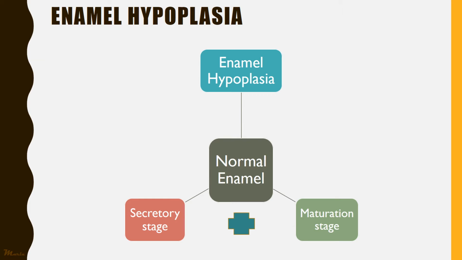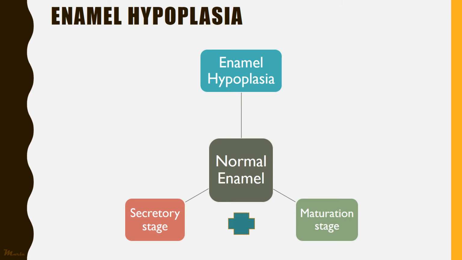In the secretory stage, a number of enamel proteins are secreted by the ameloblasts, which predominantly include amelogenins and other enamel proteins like enamelin, tuftelin, etc. It should be remembered that in the secretory stage of amelogenesis, some amount of mineralization does occur.